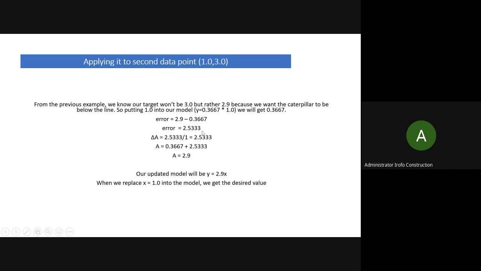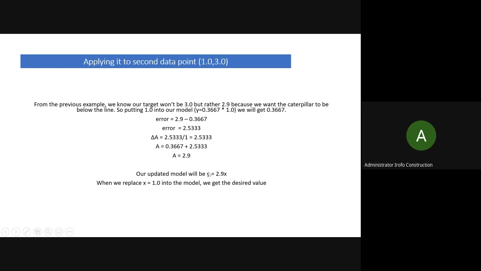So we find the error, and we find our change of a. Change of a is the value that, when we add it to the original a, is going to improve our line for us. We just find our change of a, our error divided by our x. We get this value, so our a is equal to our original plus this, what we had here. So our a is equal to 0.9.